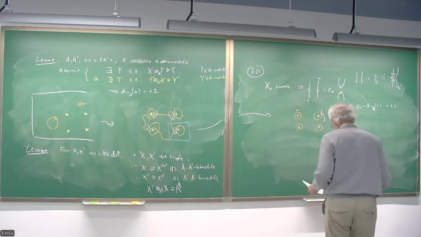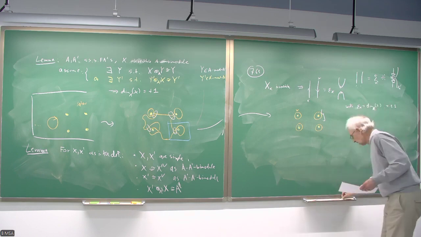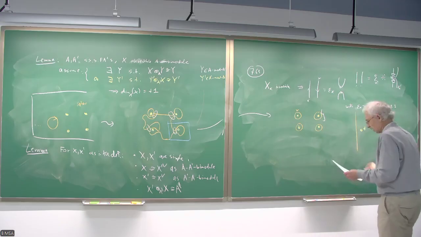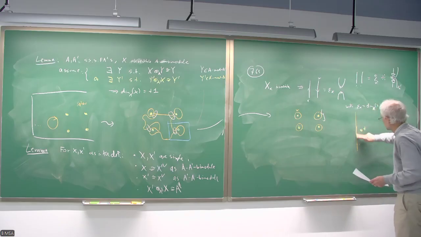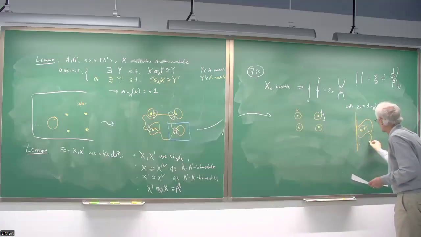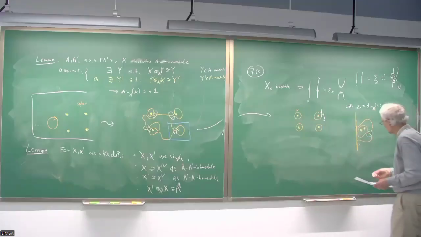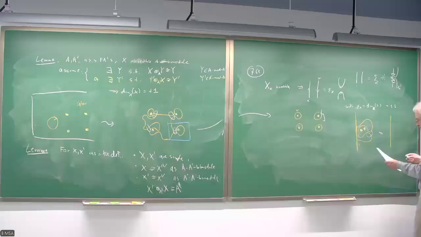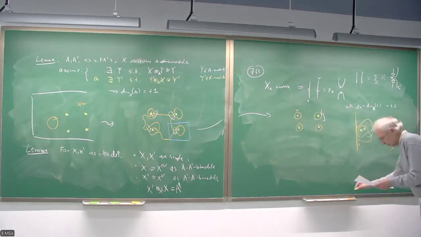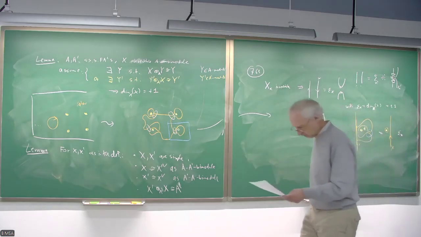And more generally, if I have any bulk field locally, and I have some invertible defect here, then I can deform it like that and apply my equality here and deform it again, and what I get is the situation where the X defect is on the other side, and here I have a different bulk field multiplied by ±1.